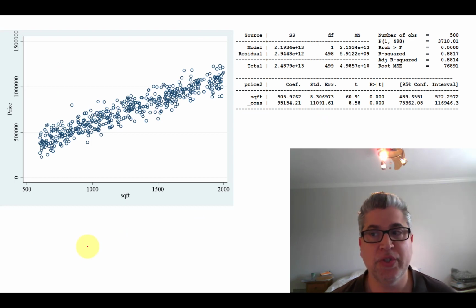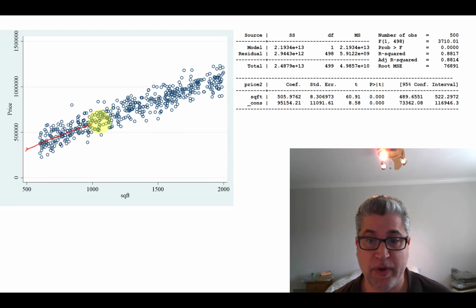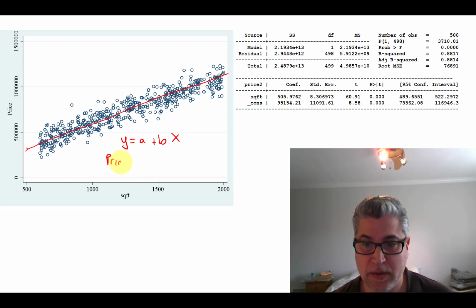So here's our scenario 2 again, and we've got some regression output. We ran a regression, and it predicted some particular line. That line, incidentally, was price.